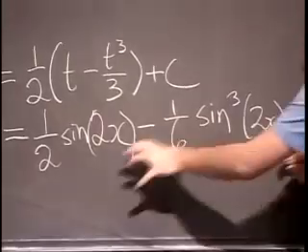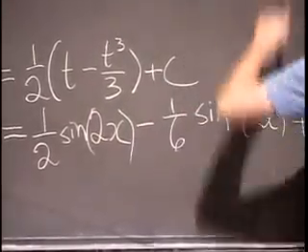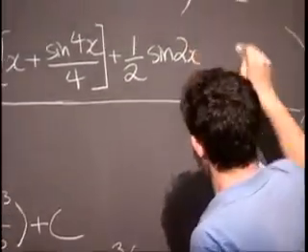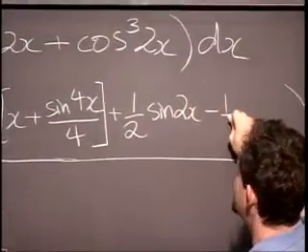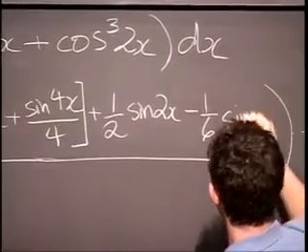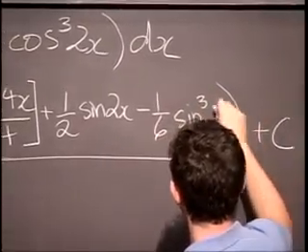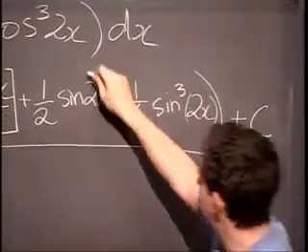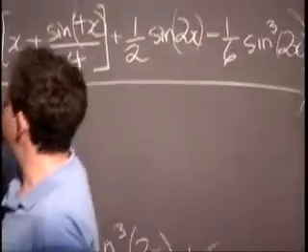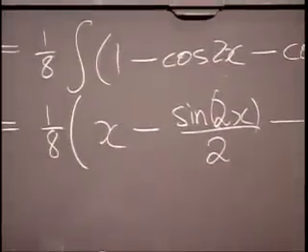Now I've filled this in up here. 1/2 sine 2x minus 1/6 sine cubed 2x. I don't know whether to put the parentheses around. Maybe I should. Okay, there's a little bit of simplification left.